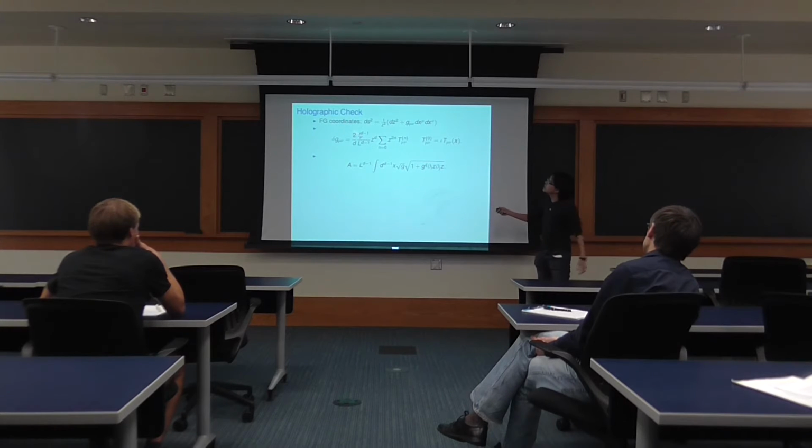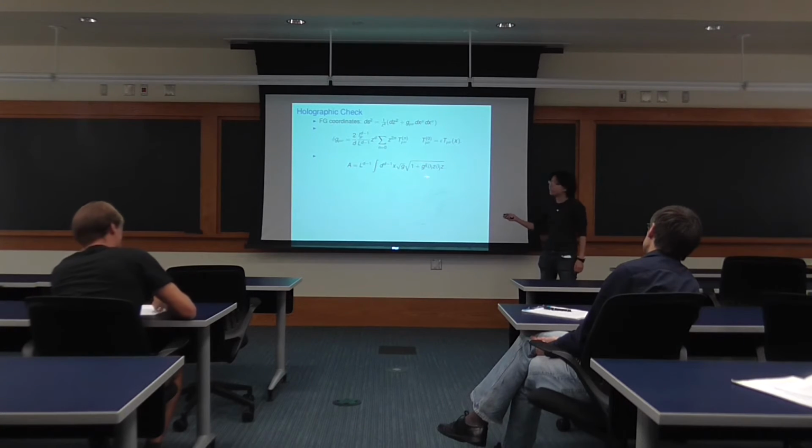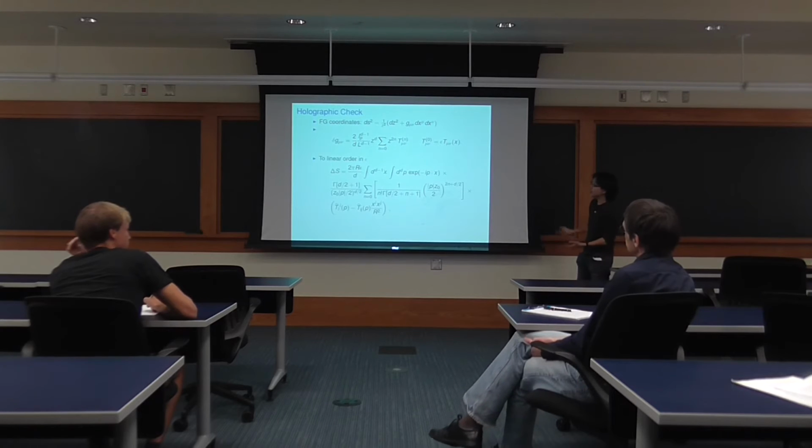To linear order, the change in the area of the minimal surface comes purely from the change in the background metric. So let's do the calculation.